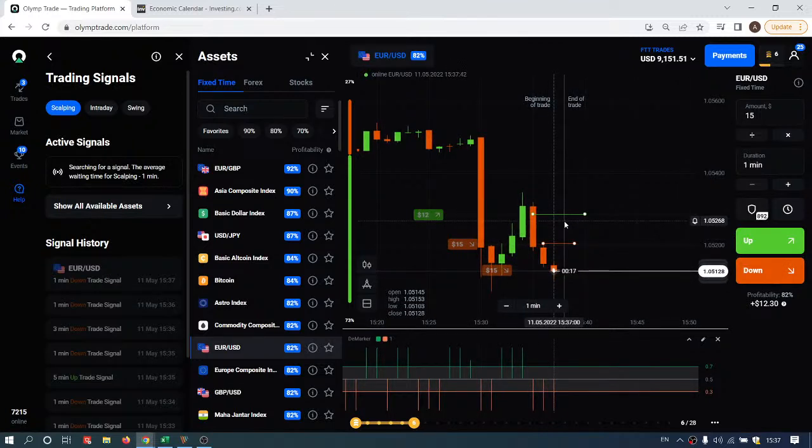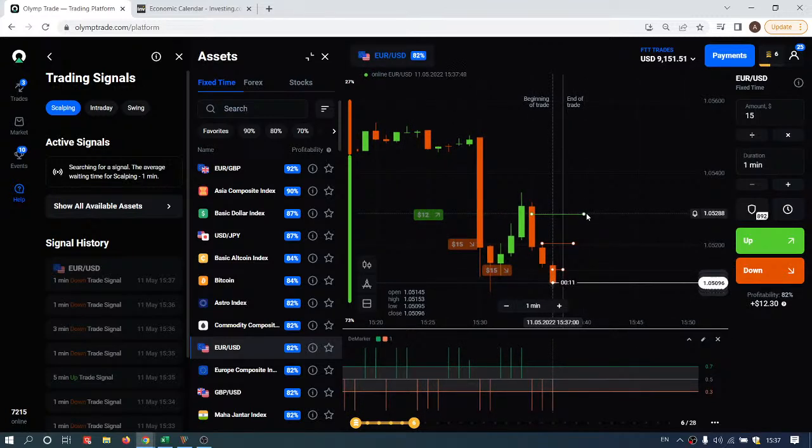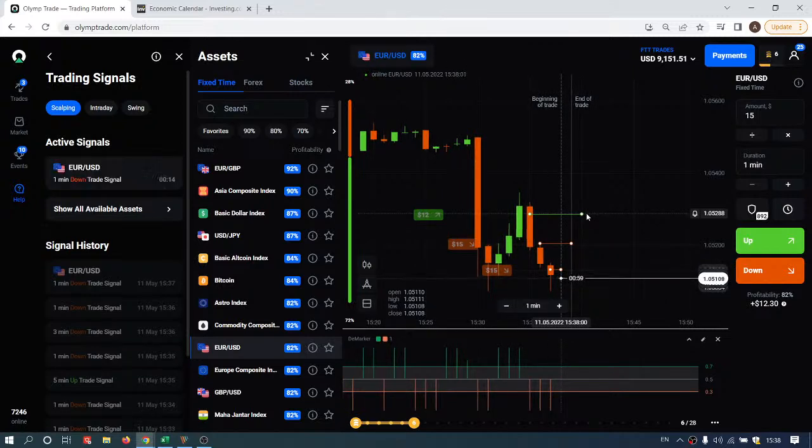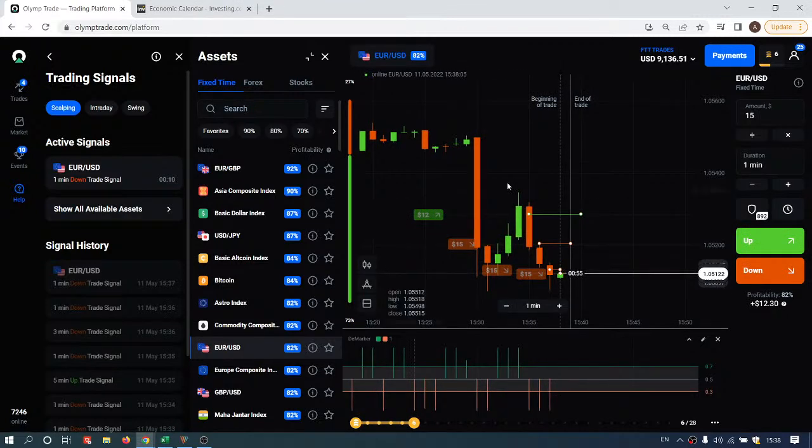But generally speaking, you can get really nice results even if you don't have this statistical advantage. With the FTT mode of trading, you need at least 55% positive trades as the bare minimum.